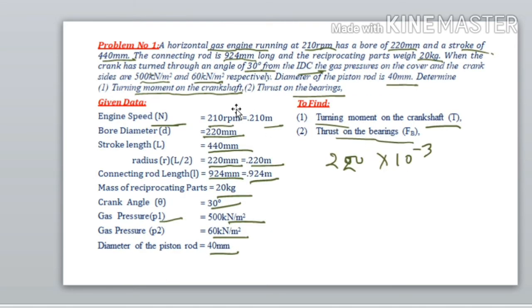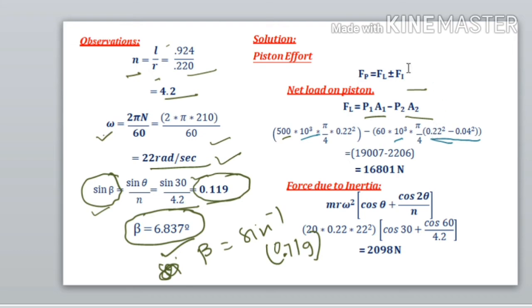Because let us see here in the question, the diameter of the piston rod is 40 mm, and the other diameter, the bore, is 220 mm. So net area will be 0.22 square minus 0.04 square. We have to subtract the 0.04 square to find the A2. So the final answer will be 16,801 Newton if you solve this formula.